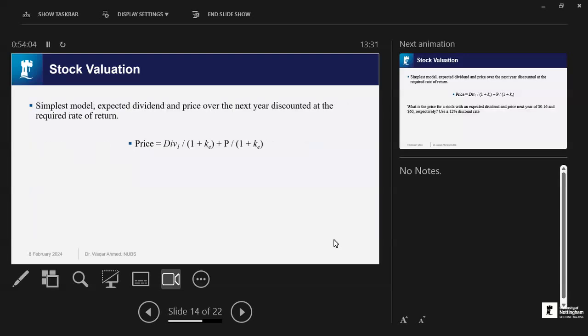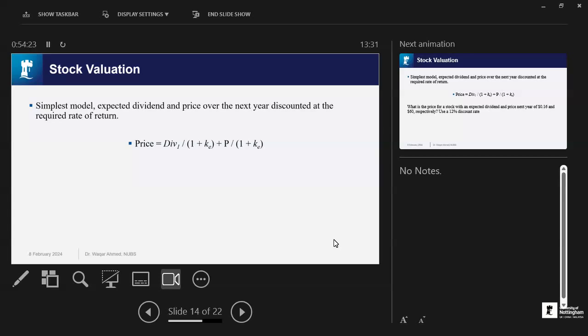Right, okay, so here's the same formula. This is the simplest model. So what do you have? Expected dividends, right? And the other thing you'll get is when you sell the stock.